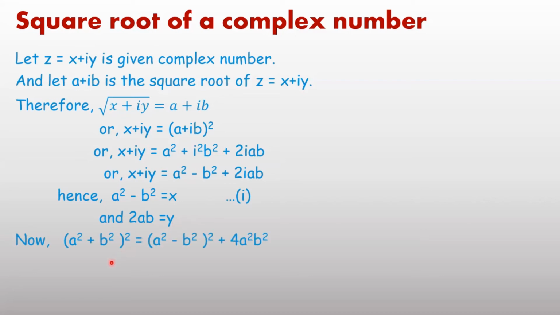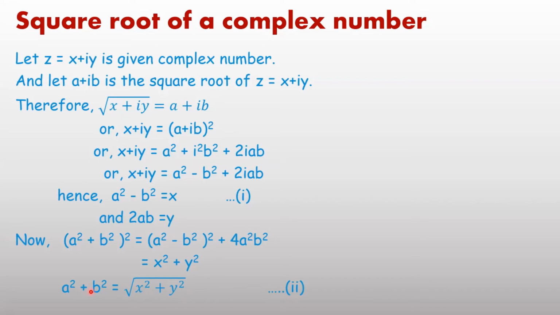Now just use the formula (x plus y) whole square equals (x minus y) whole square plus 4xy. Here (a square plus b square) whole square we can write as (a square minus b square) whole square plus 4a square b square. Put the values in the RHS: a square minus b square means x, so x square, plus 4a square b square, where 2ab is y, so 4a square b square equals y square.